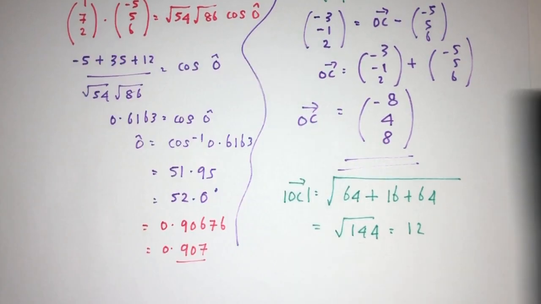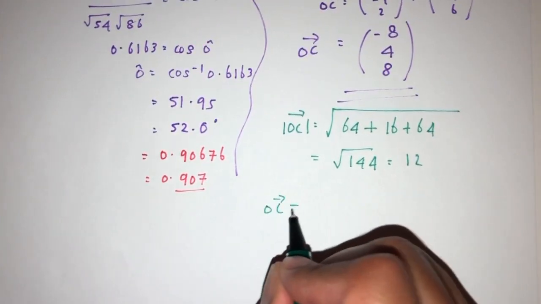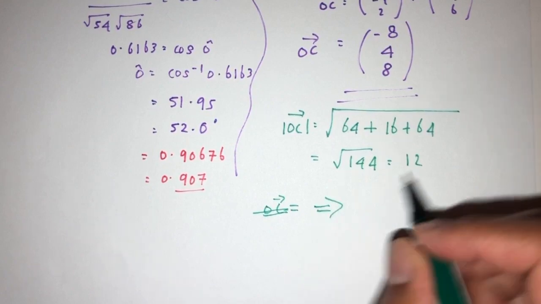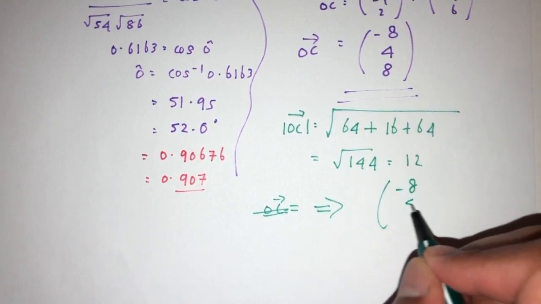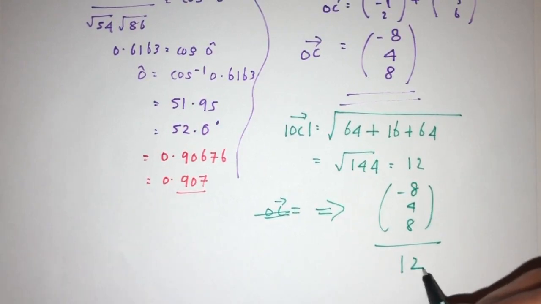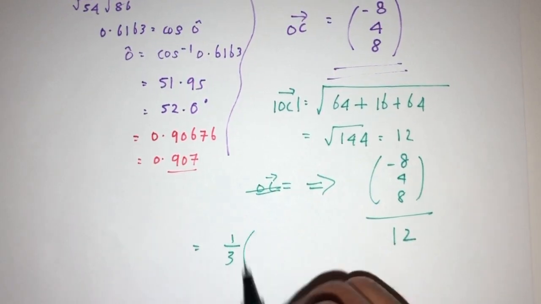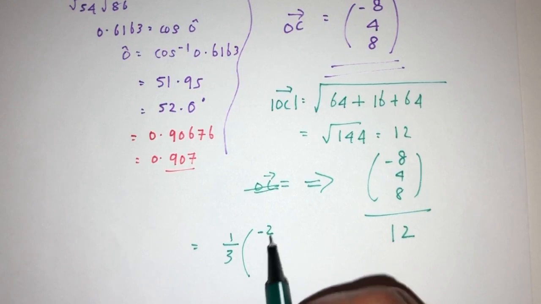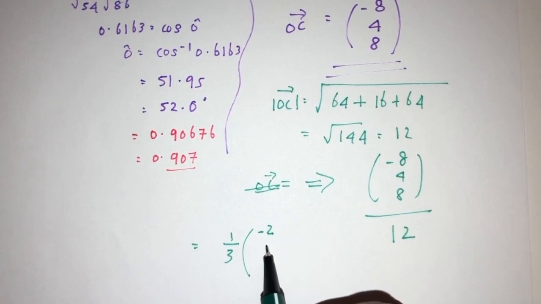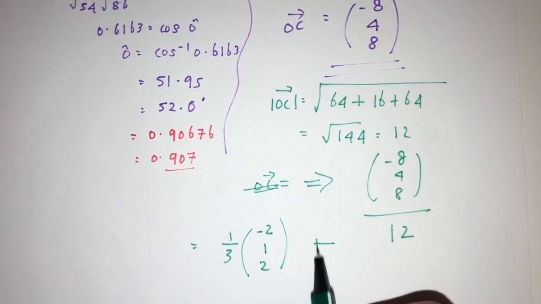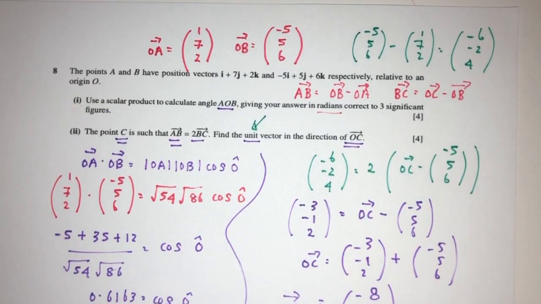That is 12. So finally, the unit vector in direction of OC will be (-8, 4, 8) divided by the value of 12. You can divide by 4, you will have 1 over 3 multiplied by (-2, 1, 2). That will be the unit vector in direction of OC. And that will be a question in relation to vectors for this paper.